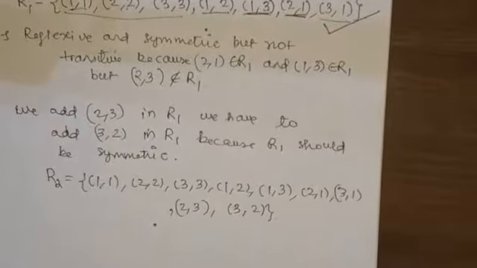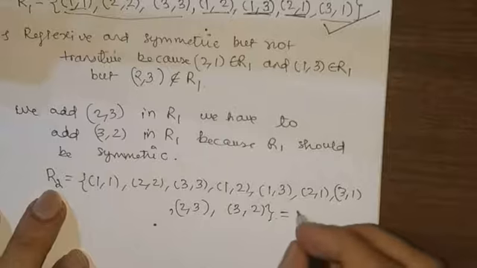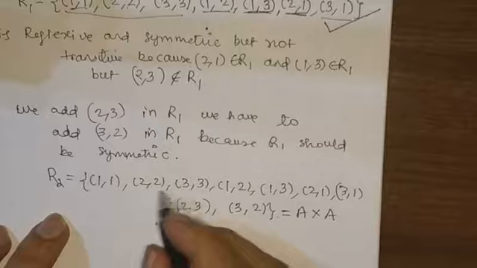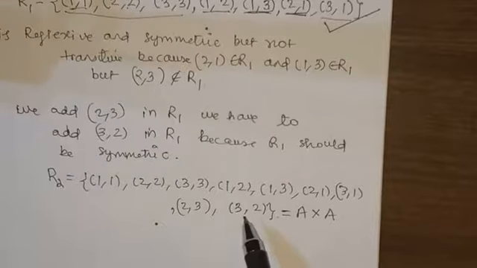So what you are getting is this relation, which is nothing but A cross A, right? This relation is reflexive, symmetric as well as transitive. This is a completely transitive relation, you can see that.